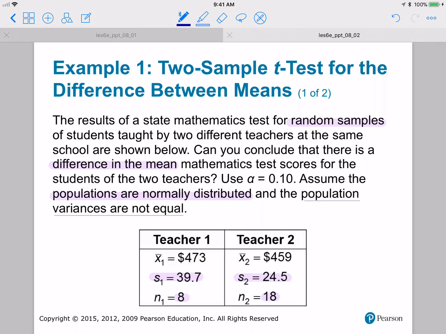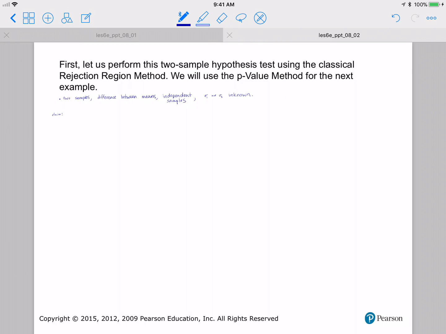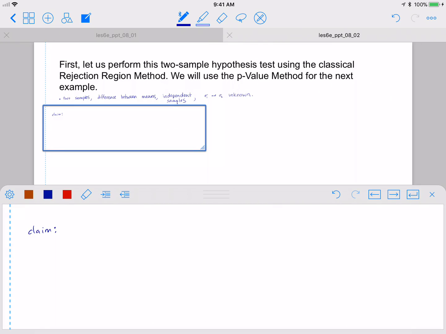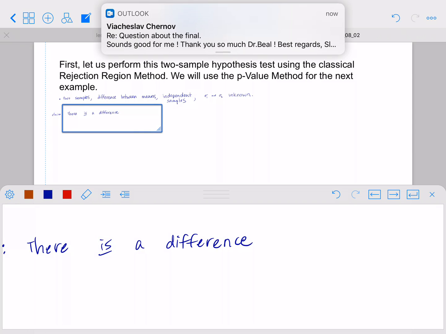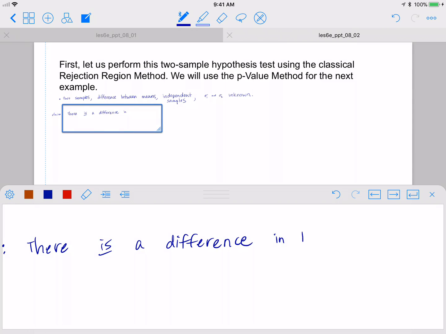Okay, so the claim is that there is a difference in the test scores of the two teachers.